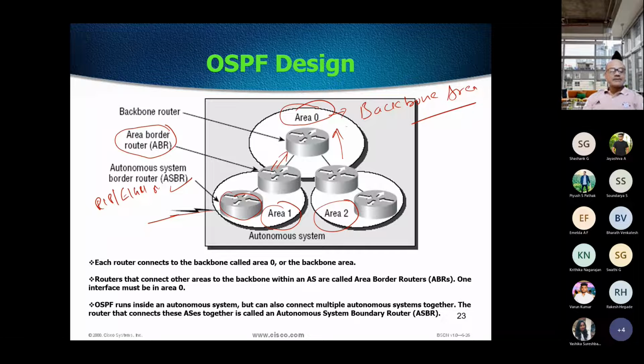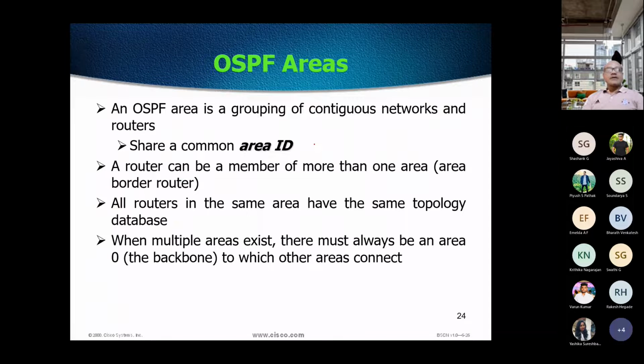Just remember these terms, guys. So OSPF areas: an area is a group of contiguous networks, and we'll have an area ID. Routers can be members of more than one area, like an area border router.